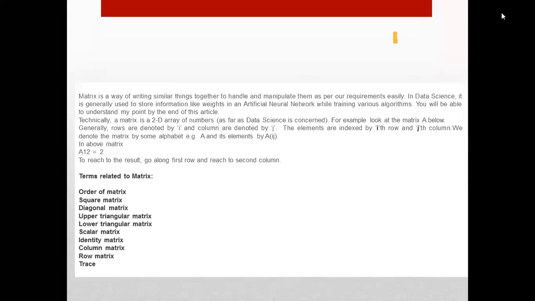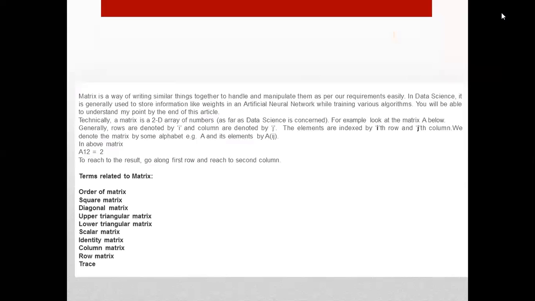Okay. Then the scalar matrix, a square matrix with all the diagonal elements equal to some constant k. So a scalar matrix is also a square matrix with all the diagonal elements equal to some constant k.